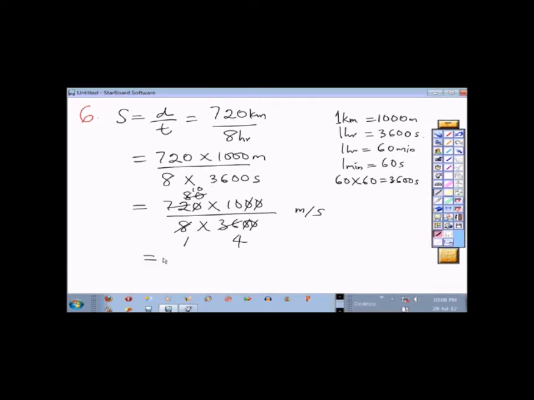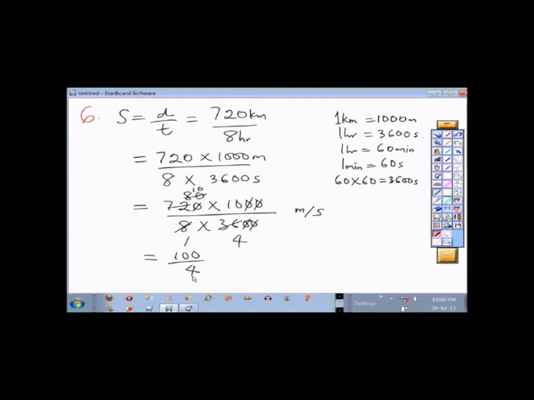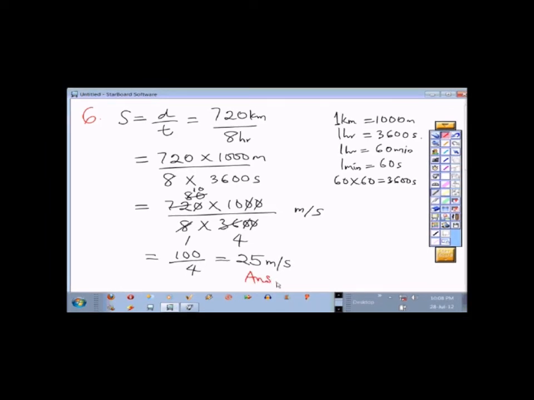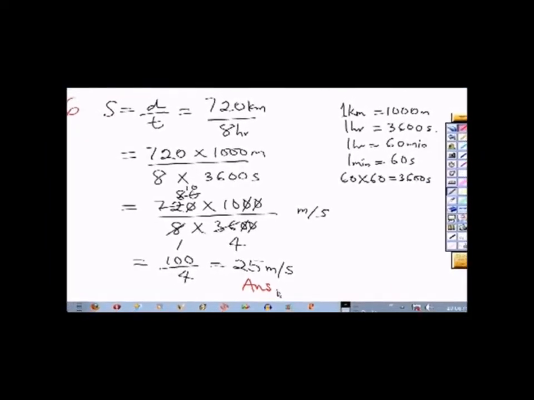Now this gives us 10 times 10, which is 100, over the remaining 4 down here. And of course, this gives us 25 meters per second, which of course is the answer that is required.